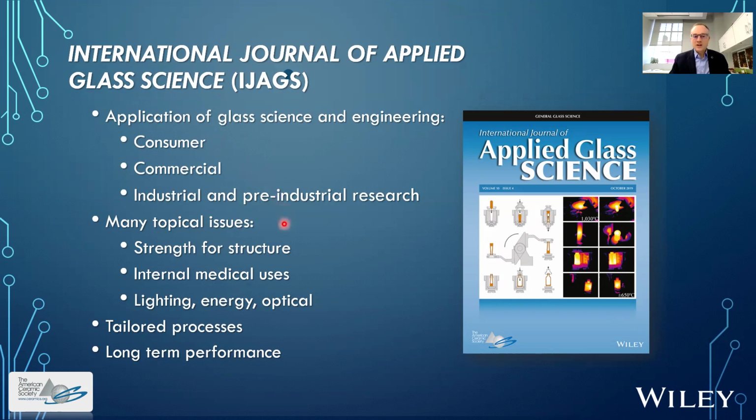IJAGS publishes many special topical issues, including issues related to glass strength, medical uses of glass, bioactive glasses, glass applications in lighting, energy, optical applications, and so on. But although there are many special topic issues, please note that you are welcome to submit on any topic of your choice related to applied glass science.